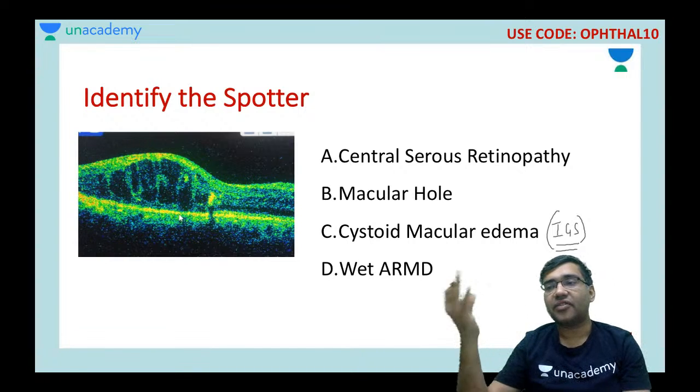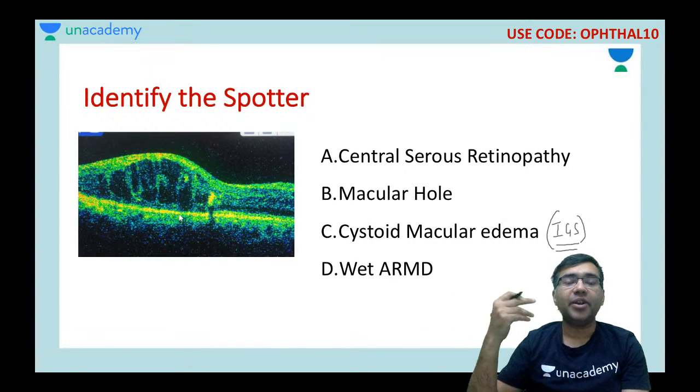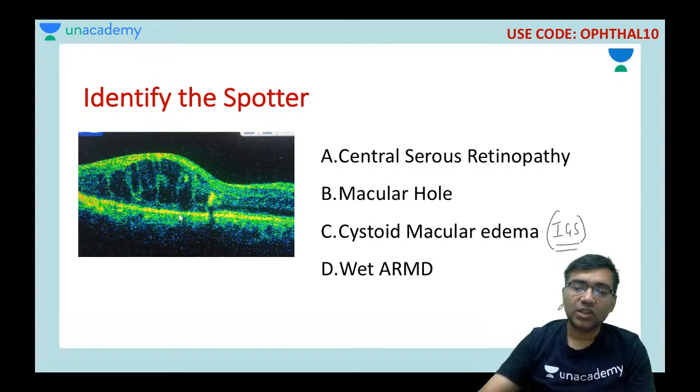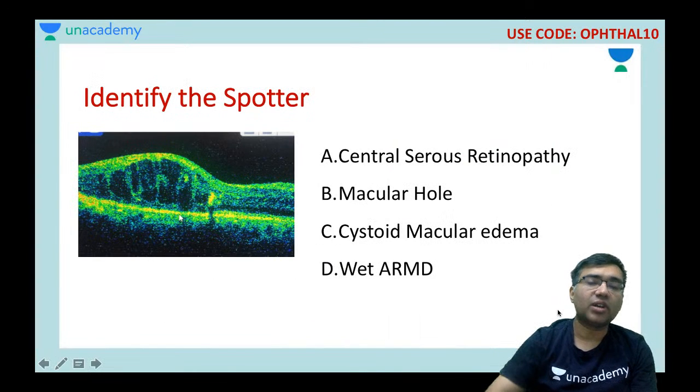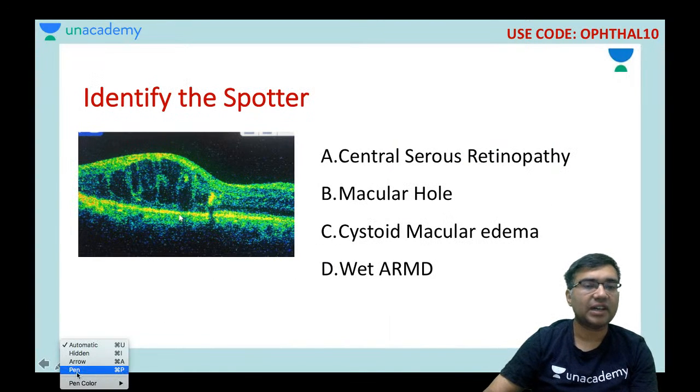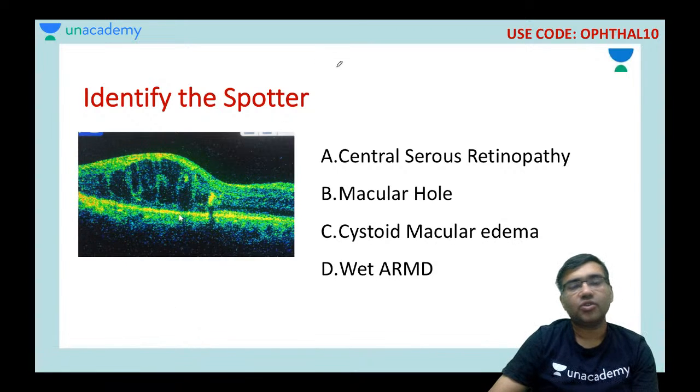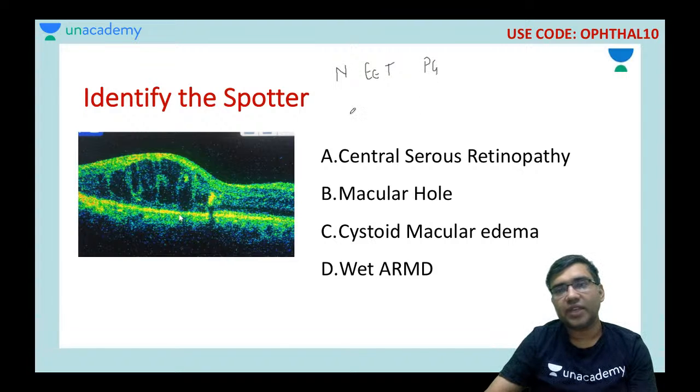Then it can be after uveitis. Then it can be due to some drugs also. So sometimes questions are asked about what drugs can cause a macular edema. For this you can remember a mnemonic, that is NEET PG. So N goes with niacin or nicotinic acid.